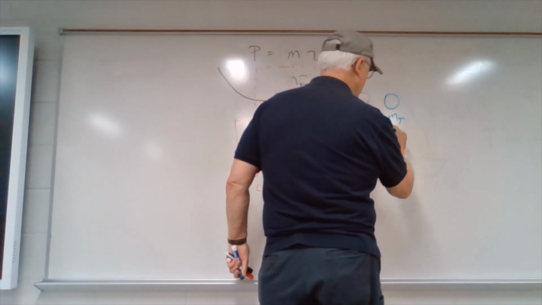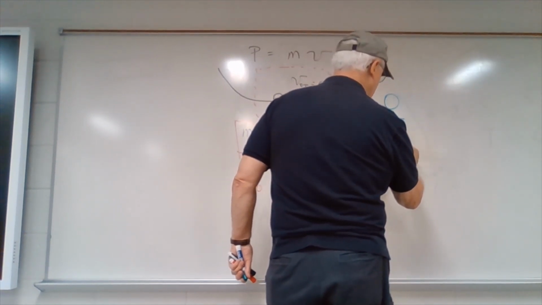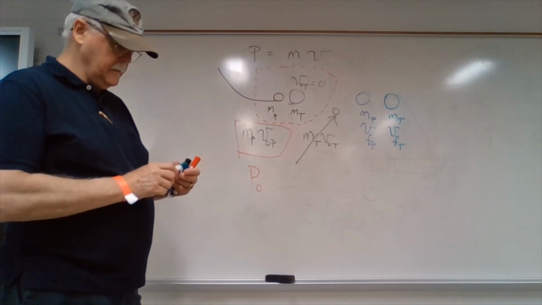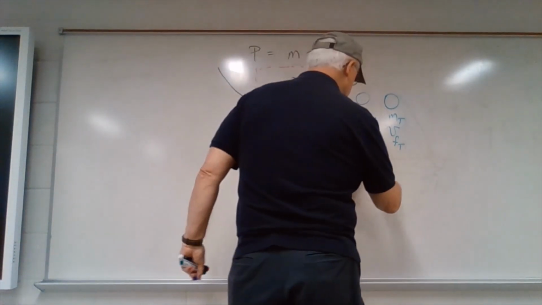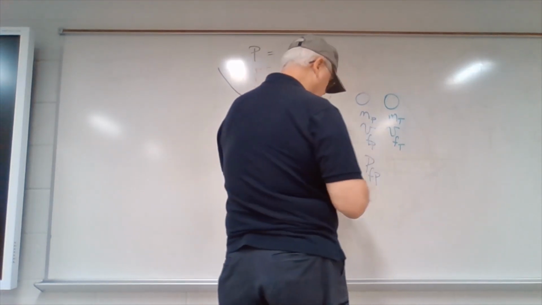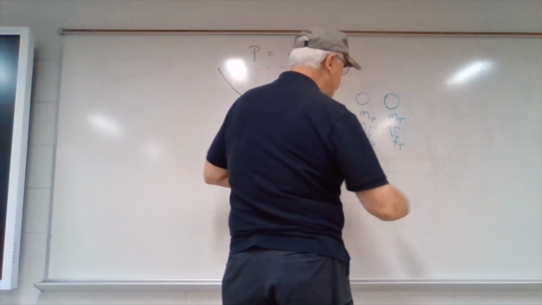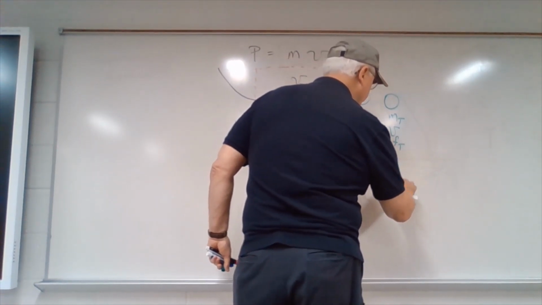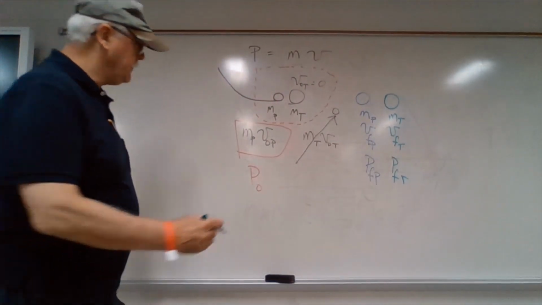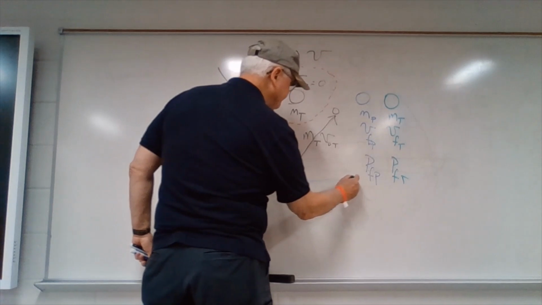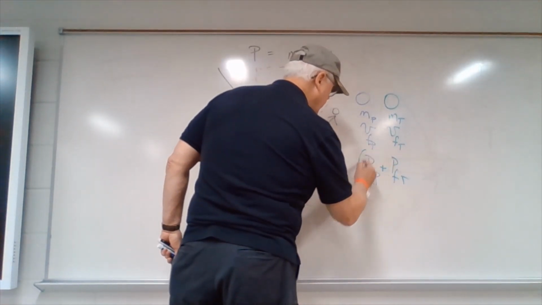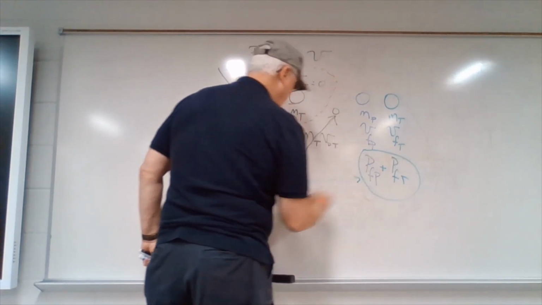Those didn't change. V final target. So we're going to have a P final for the projectile, and a P final for the target. And if you do this right, the sum of these should equal that.